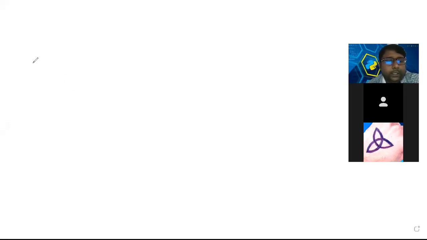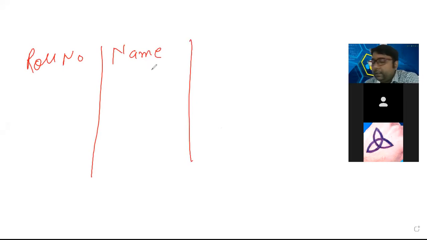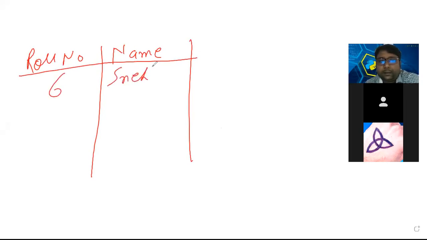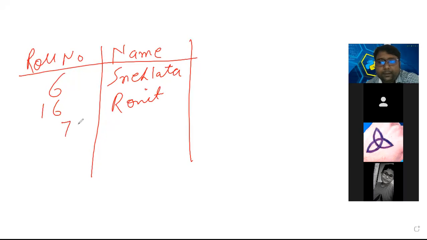Okay. So if I have a few data with me, roll number, name of students, something like this: roll number 6, Snehalata, roll number 16, Ronit, roll number 7, Anurag, Risita, Srishti.